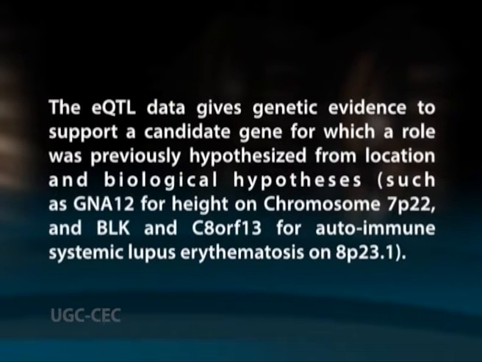In some cases, the eQTL data gives genetic evidence to support a candidate gene for which a role was previously hypothesized from location and biological hypothesis, such as GNA12 for height on chromosome 7p22 and BLK and C8ORF13 for autoimmune systemic lupus erythematosus on 8p23.1.